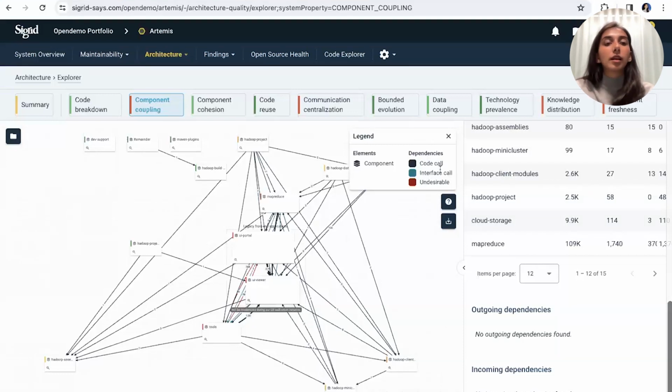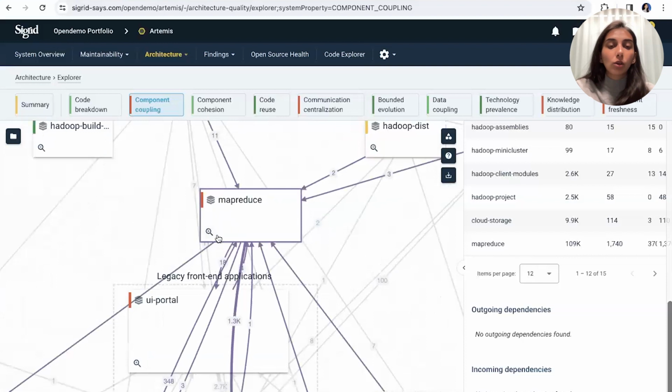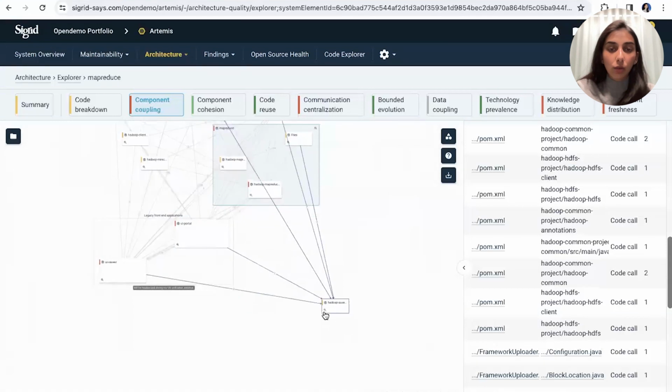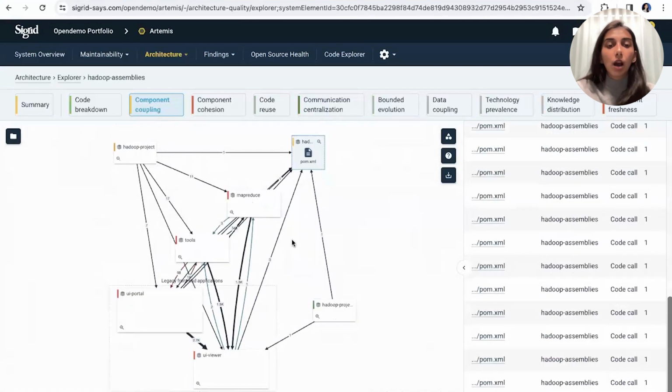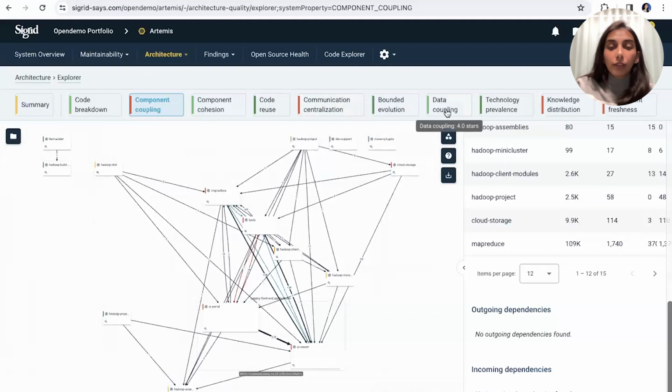There are code calls, there are interface calls, and there are calls that you define as undesirable. You can also look not just at the top level, but go inside and see how the subcomponents are interacting with other subcomponents or the other components. Then we have data coupling.